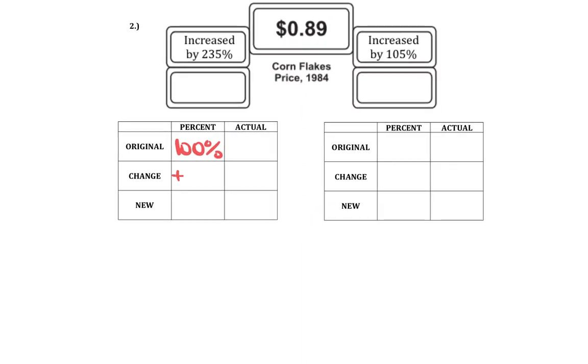This one increased by 235%. Again, we're going to add that, so the new percent would be 335. Now my original actual is 89 cents, and I want the new. Just so you know, you could put the X here in the change.